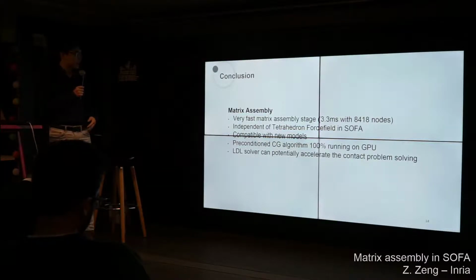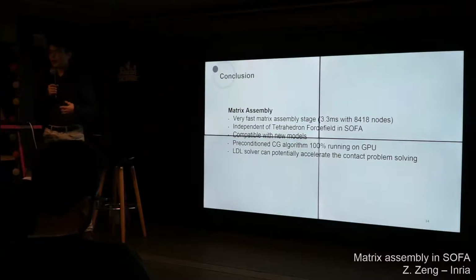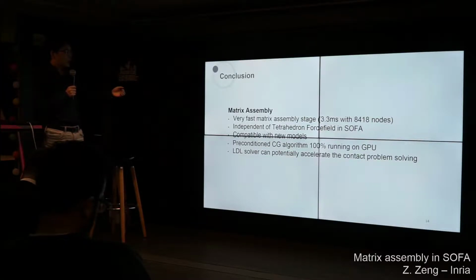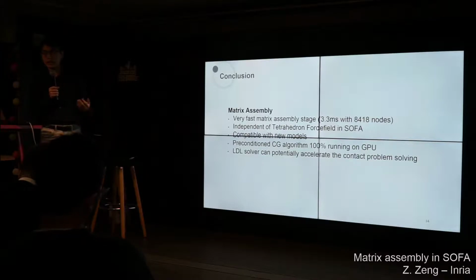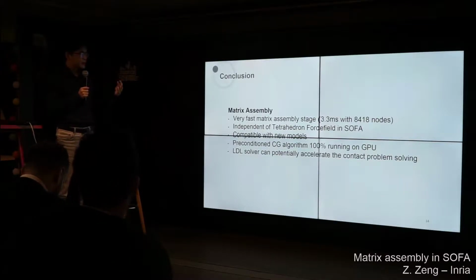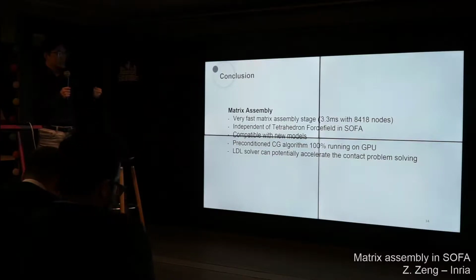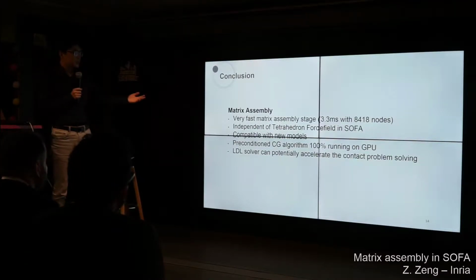So I want to give some little conclusions. For the matrix assembly, we now have an assembly stage which takes only 3.3 milliseconds with 8,000 nodes, and now with the matrix built, during the CG solving stage we are already independent of the tetrahedron FEM force field in SOFA, and that means we will be compatible with new models.